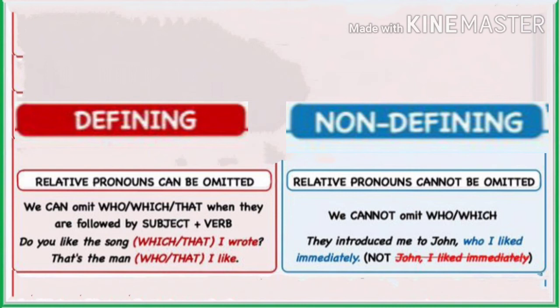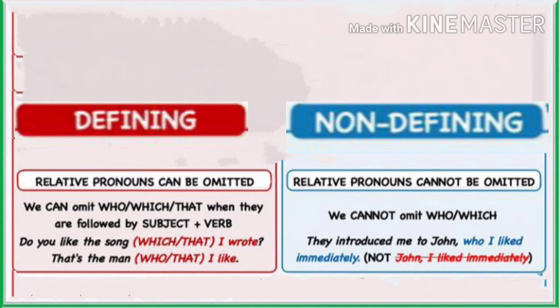Here the relative pronoun is followed by subject and verb. What is the subject here? I. Verb, wrote. So in this sentence we can omit the relative pronouns which or that. So we can easily say, do you like the song I wrote?